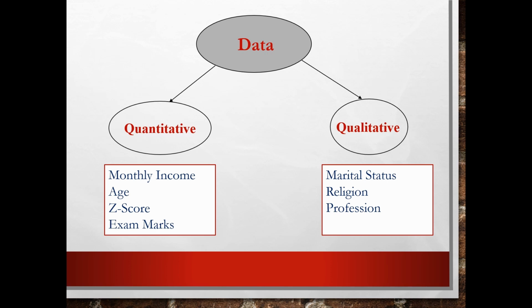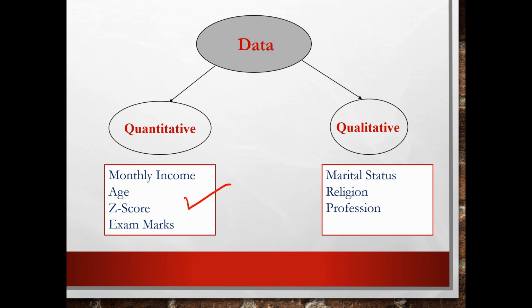When the data is numerical, we call it quantitative data or numerical data. For example, variables like monthly income, age, Z score, exam marks are examples of quantitative or numerical data.